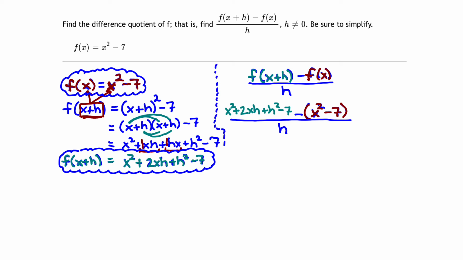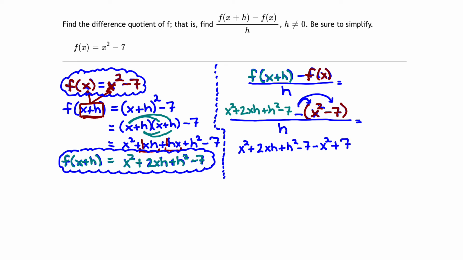Let me separate this so my work doesn't get too close together here. So in the numerator of my difference quotient, I have x squared plus 2xh plus h squared minus 7, and then minus x squared minus 7. So I'm going to do a quick distribution and distribute that negative sign to each of the terms in f of x. That's going to give me minus x squared and then minus minus, or plus 7.